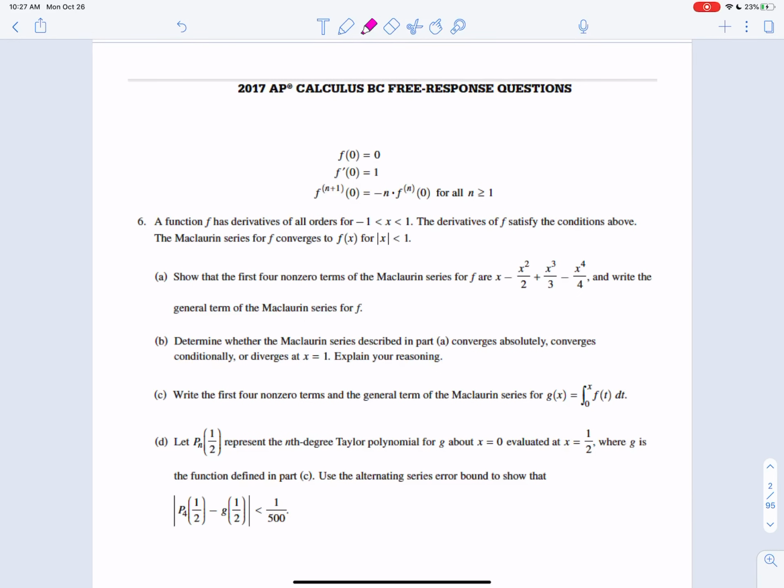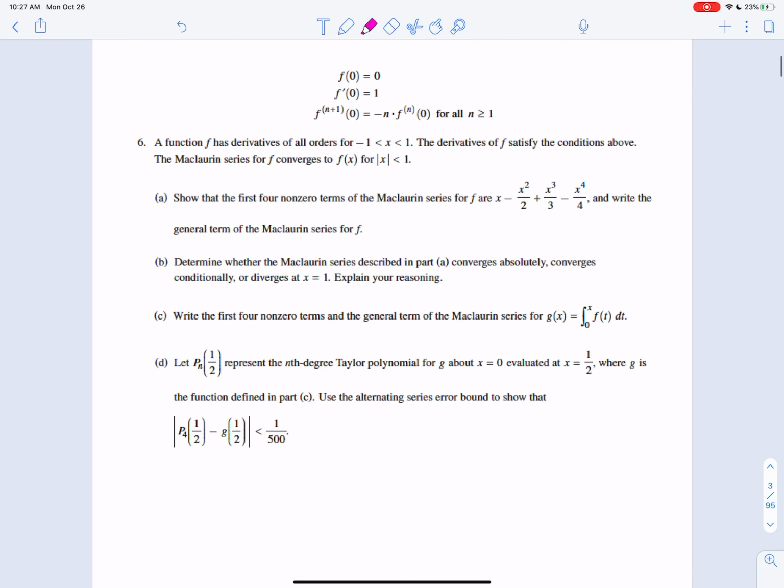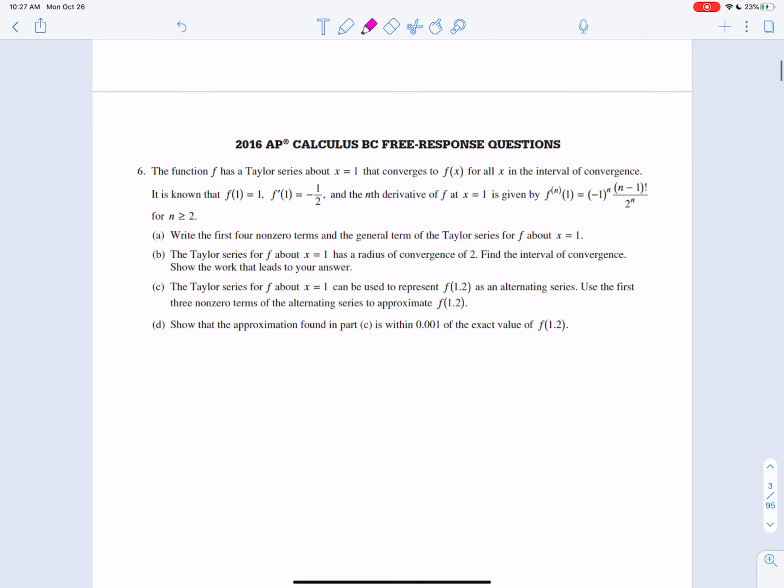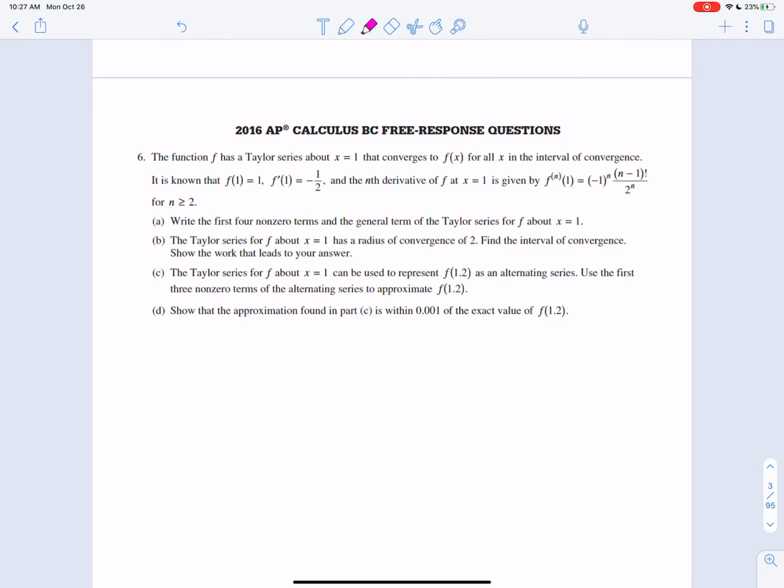So we're looking for any indication of the interval or the radius of convergence here, okay? I don't see any here. Okay, in 2016, part B, it mentions the radius of convergence, and then they ask you to find the interval of convergence.